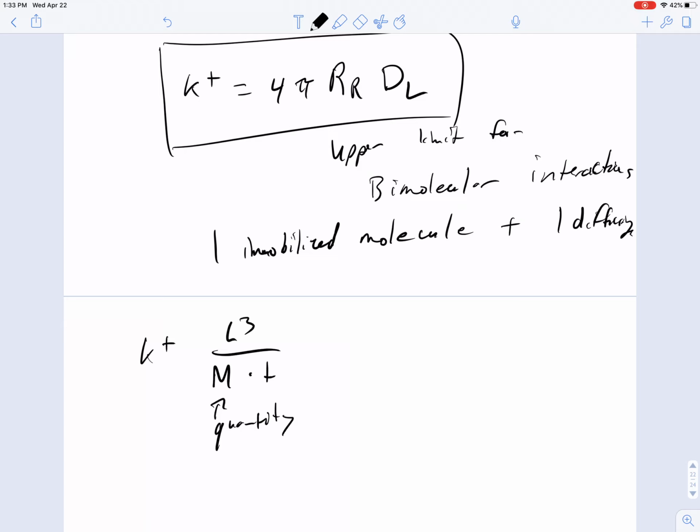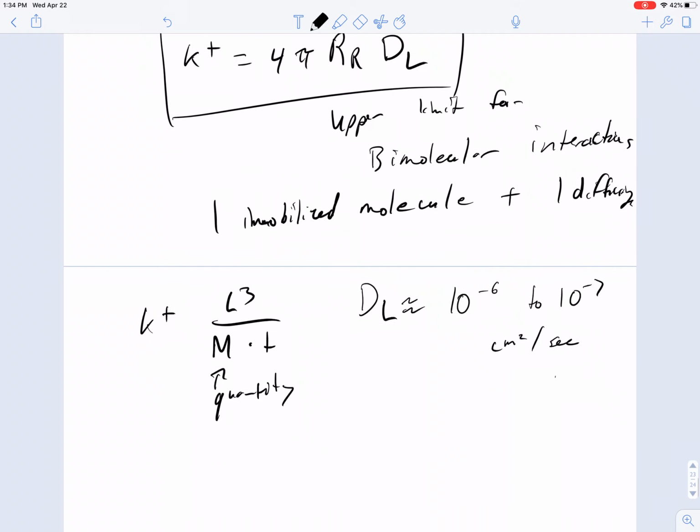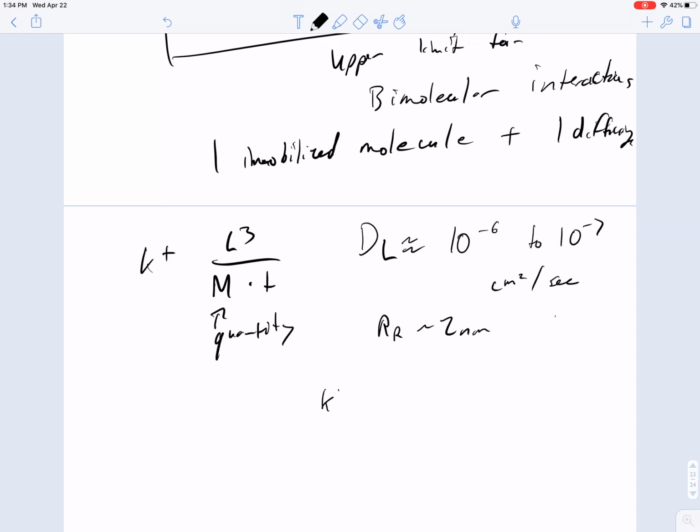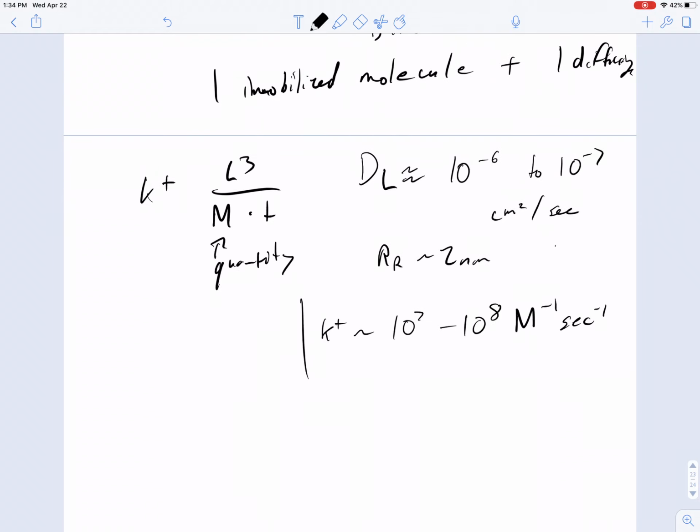If you assume the diffusion of the ligand is approximately 10 to the minus 6 to 10 to the minus 7 centimeters squared per second, and the radius of the receptor is about 2 nanometers, we make the substitution and find that K plus is approximately 10 to the 7 to 10 to the 8 per molar second. This is the upper limit.